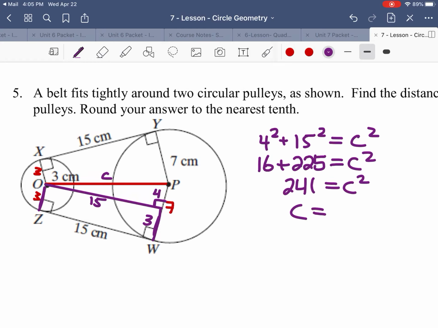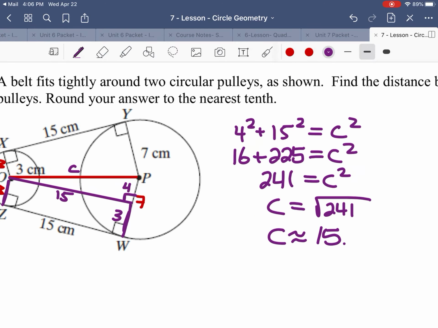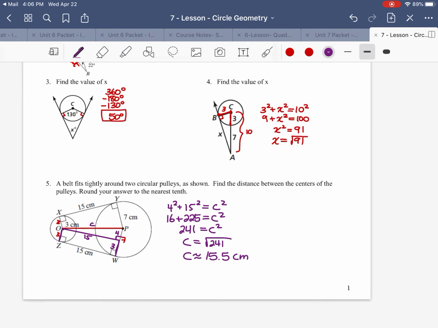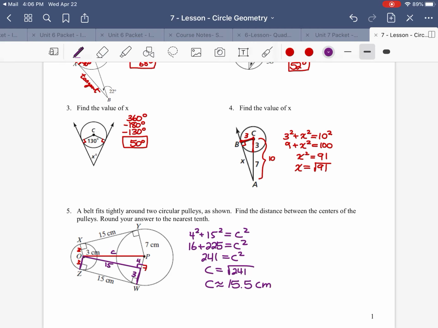Now, they let us off the hook when it comes to simplifying. They're just saying round it. So the square root of 241, to the nearest tenth, C is going to be approximately 15.5. Any units? Oh, right in front of my face. 15.5 centimeters.